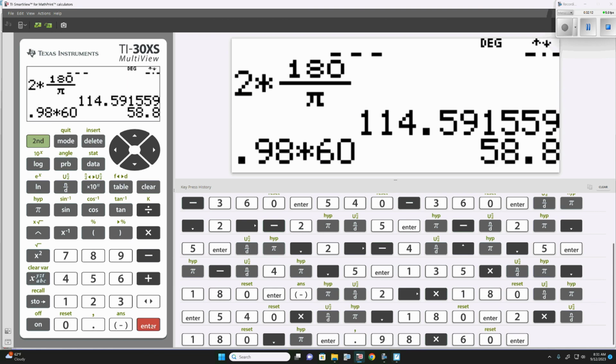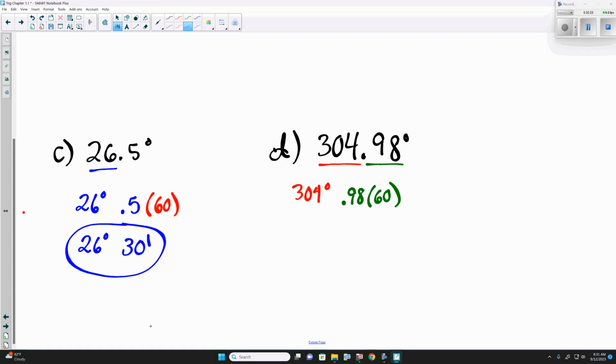Unlike the previous one, multiplying it by 60 is not a nice, easy way to get an answer. But if we do 0.98 times 60, we get 58.8. So we have 304 degrees and then we have 58.8 minutes.